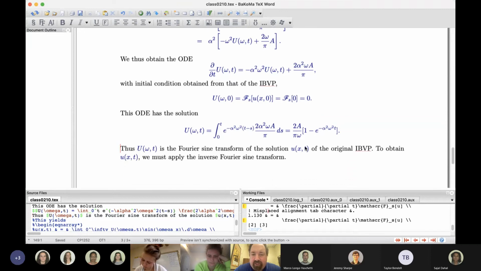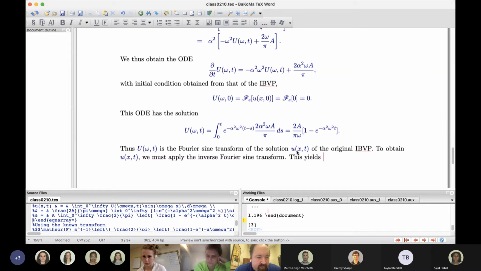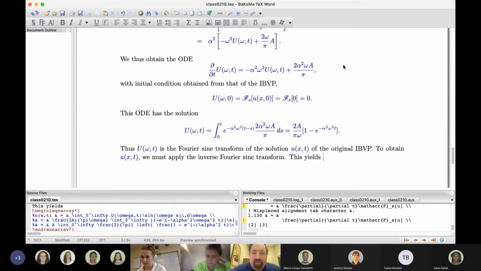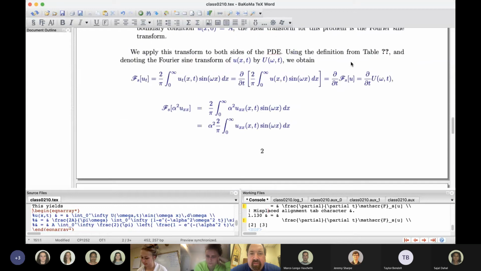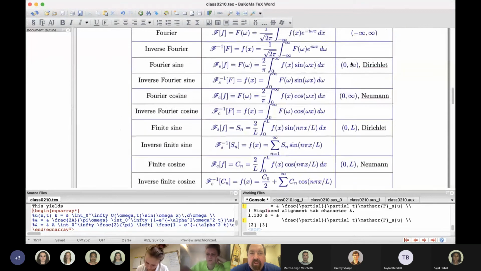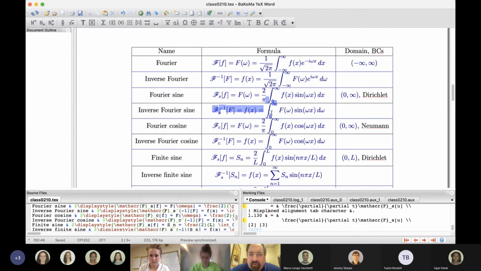So now we have not our solution, little u of x,t. We have the Fourier sine transform of our solution. So now we need to inverse transform this back to get the solution, little u of x,t. How do we do that? We use a formula from a table of transforms, inverse Fourier sine, that's this formula right here.